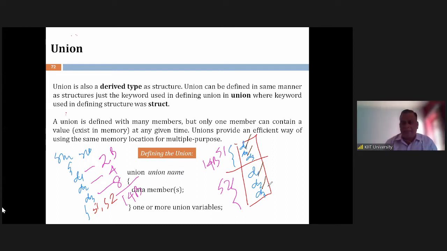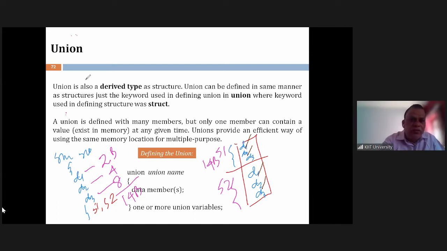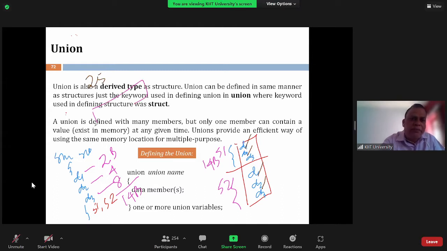So in this case, can I store 2-byte data in a 4-byte place? The question is very simple. Can I write a 25, a 2-digit number, in a 4-digit place? Yes or no?